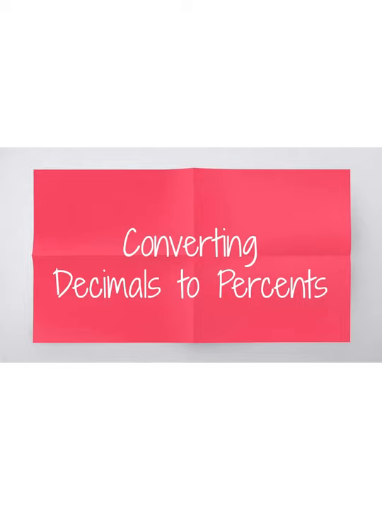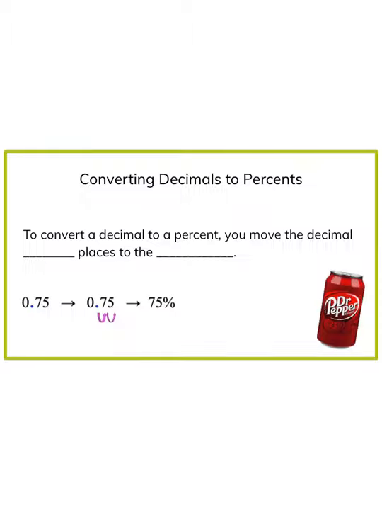Now we're going to learn how to convert decimals to percents. To convert a decimal to a percent, you move the decimal 2 places to the right. So the exact opposite of converting a percent to a decimal.